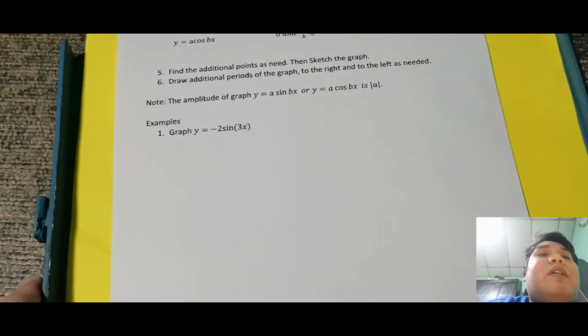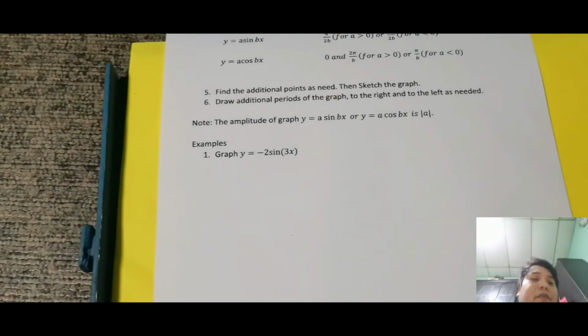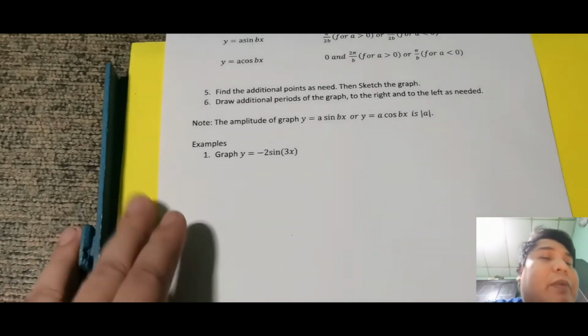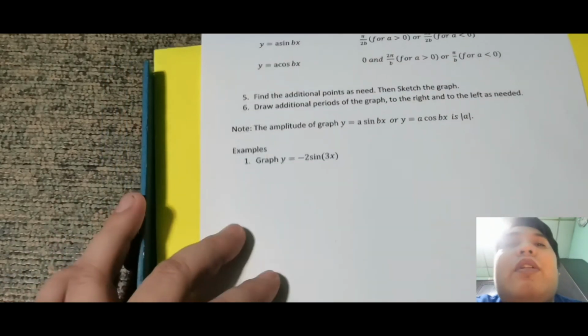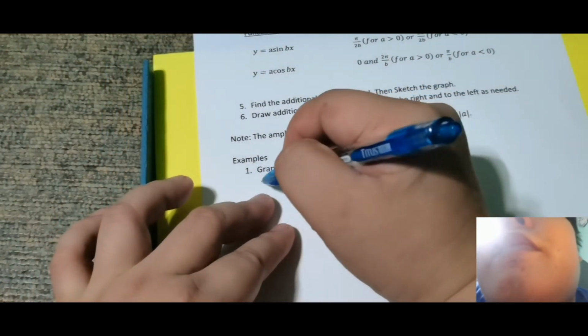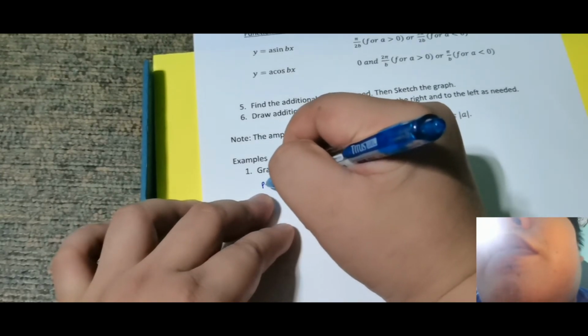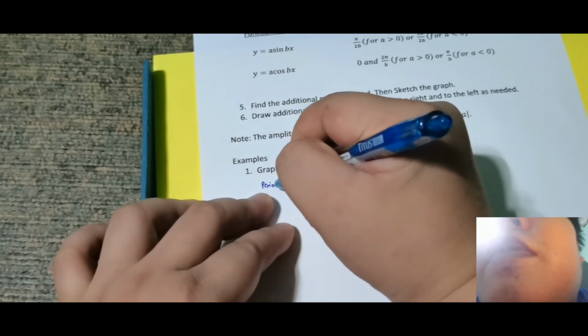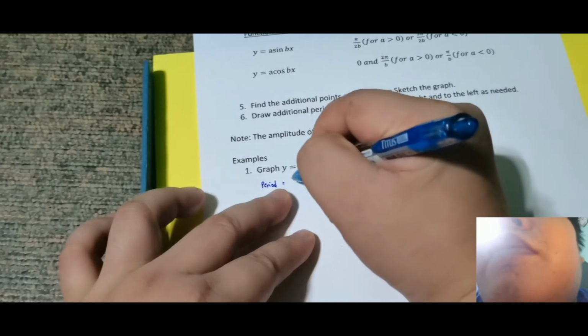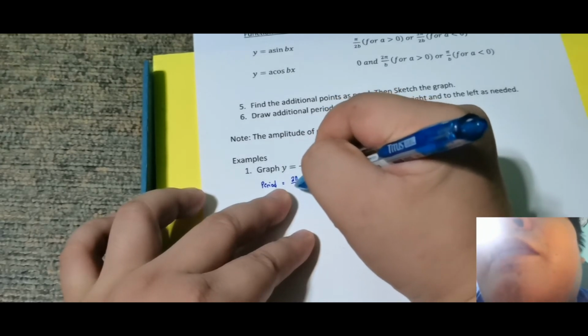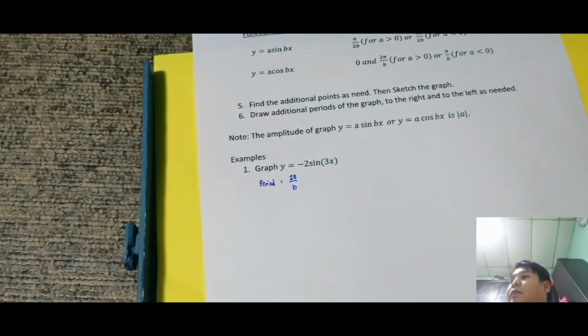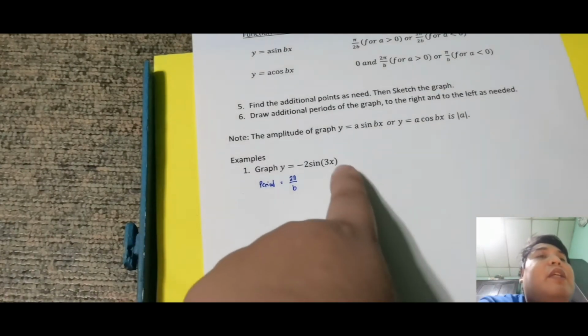Graph y equals negative sine 3x. Okay, so for this case, hanapin muna natin yung period. Note that period is equal to 2 pi over b, where b is 3.